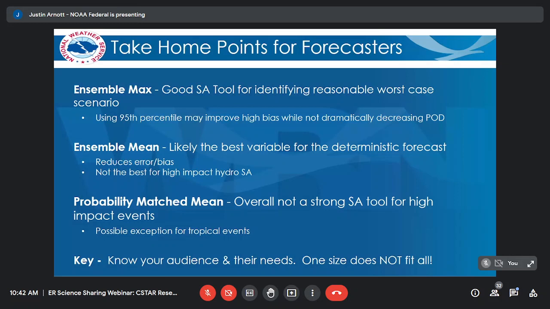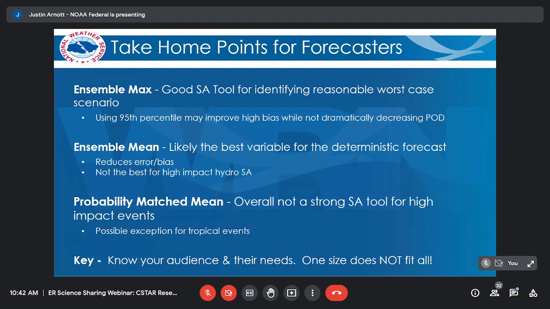It reduces error and bias, but it is not the best to use for a high impact hydro situation for situational awareness. Probability match mean, overall, is not a terribly strong tool for high impact events, with the possible exception of tropical events, as we showed for the Hurricane Elsa case study.